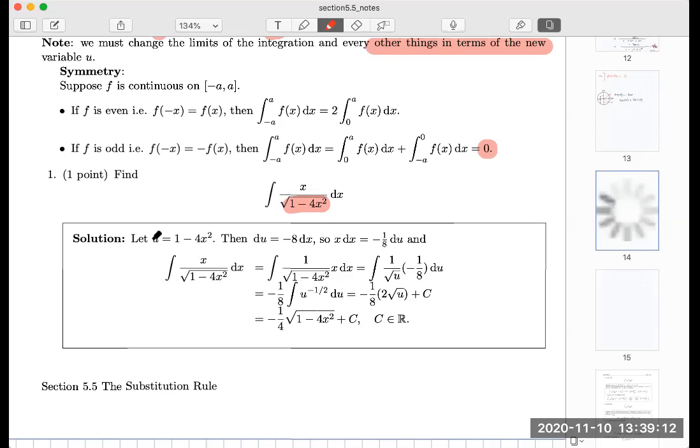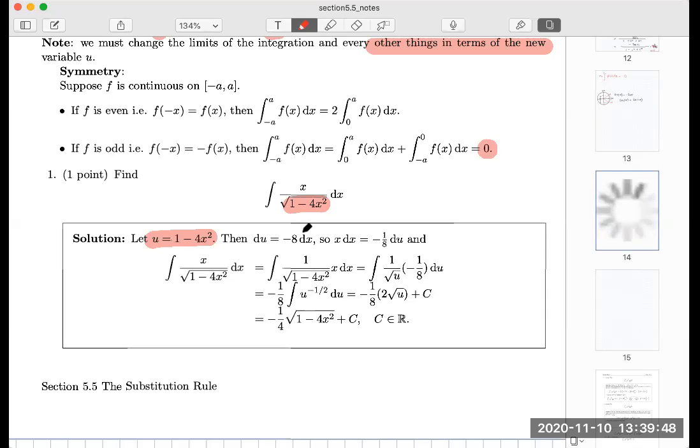If we define u as 1 minus 4x squared, right? Then we need to find the relation between du and dx. Simply, we take the derivative of both sides. The derivative du over dx on the left-hand side will be the derivative of 1 minus 4x squared, which gives us, wait, there's a mistake here.